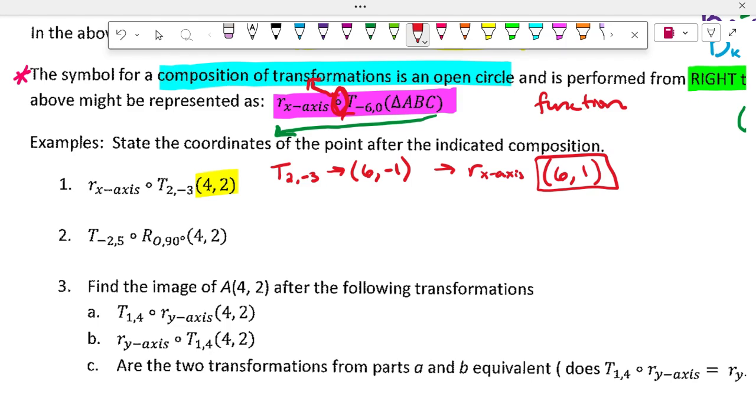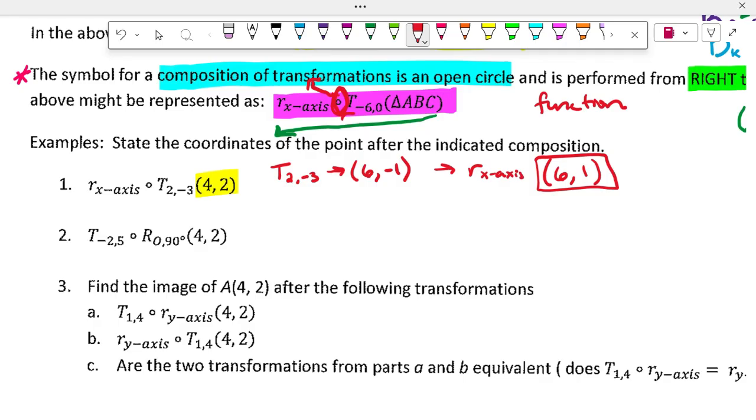Say that one more time. X-axis. When you're flipping over the x-axis, for example, let's say I had a random point just here. So that's 3, negative 1. All you would do is change the y value, because if you're flipping over the x-axis, you just count the distance from the x-axis and do the same on the other side.